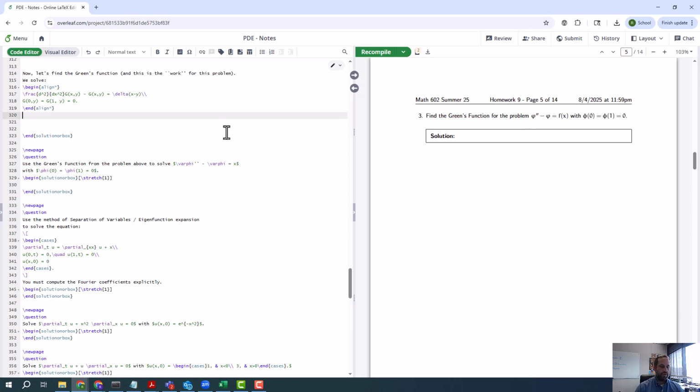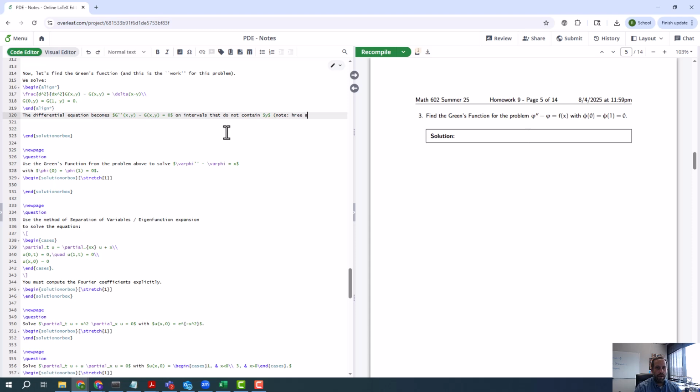Okay, so we now solve. The differential equation becomes g double prime of x, y minus g of x comma y equals 0 on intervals that do not contain y.